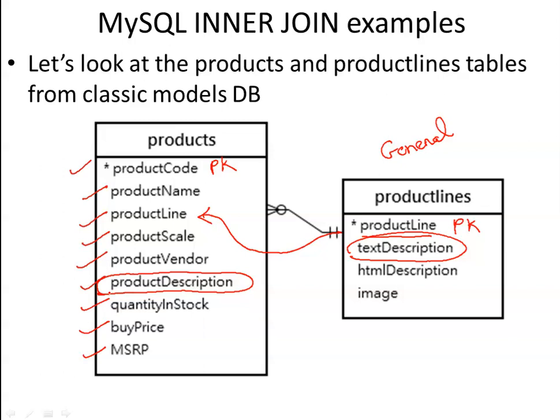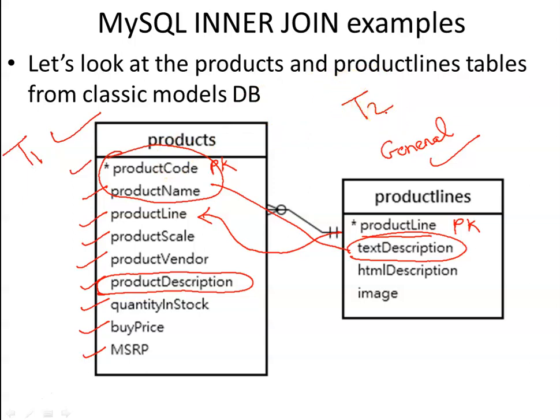So now what I want is to write a query that will display the product code and the product name along with the general description of the product. So how do we convert this into a query? Obviously we require two tables, the products table and the product lines table. If I assume this as my table T1 and this as my table T2, so from T1 inner join T2.